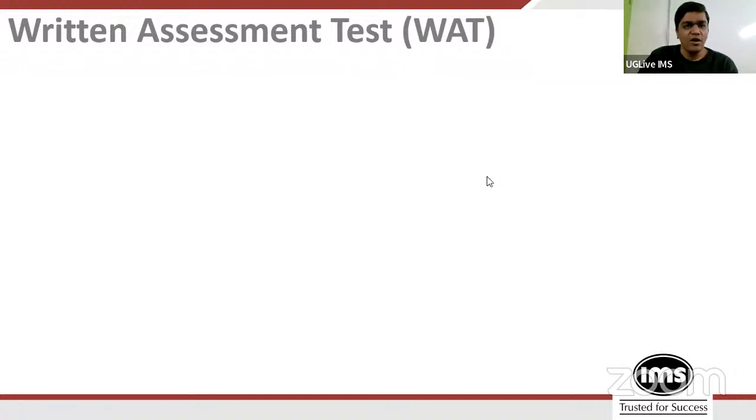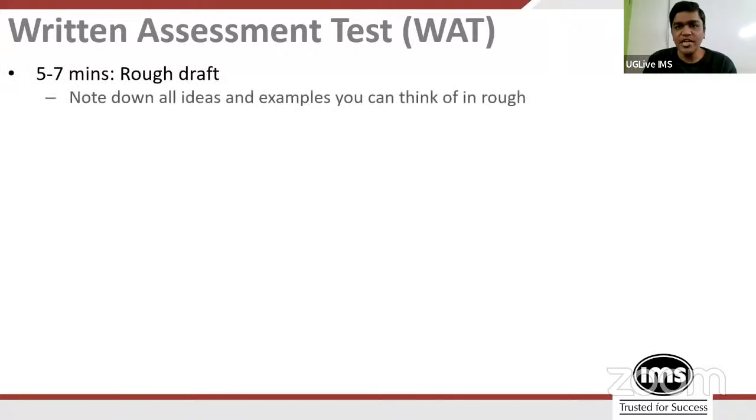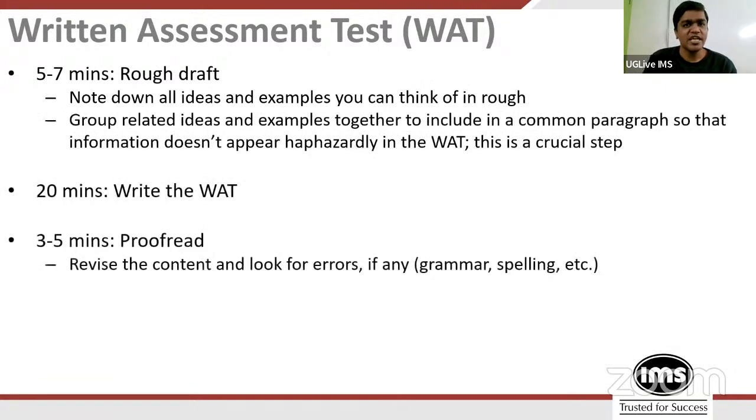Okay. Now, moving on to something called the time distribution. This is something that we need to talk about. It's pretty straightforward. When I say time distribution, what you should be doing, because it's a 20-minute WAT, I know what it says on the screen, relax, because it's a 20-minute WAT. The allocation that we are looking at is 2 to 3 minutes to, like I said, close your eyes and plan your thoughts.